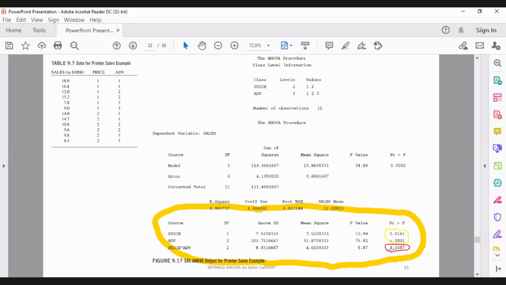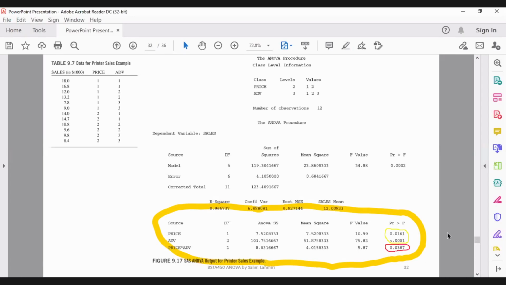And the red one is the p-value associated with testing the null hypothesis that the mean of sales is similar across all price-advertising interaction effects, meaning whether or not the interaction effect has an impact on sales.